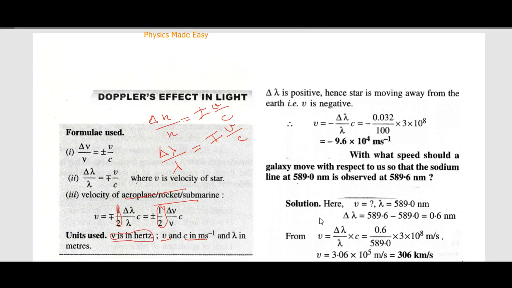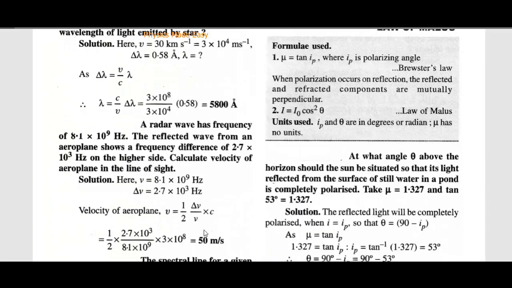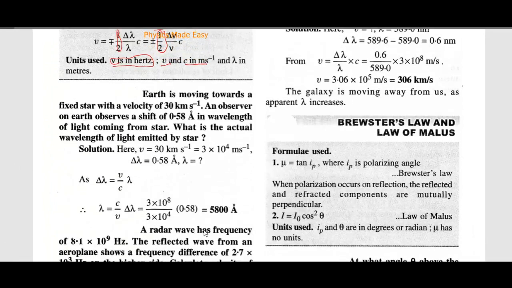When we are talking about wavelength shift or frequency shift between two fast moving stars or planets, then you have to just use the formula plus minus V by C in the case of frequency, minus plus V by C in the case of wavelength. If it is the case of an aeroplane, rocket or submarine, then you have to add this factor 1 by 2 in front of it.